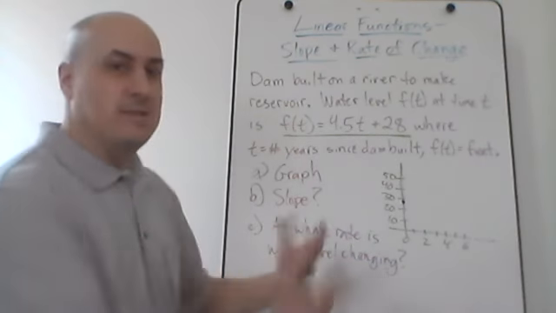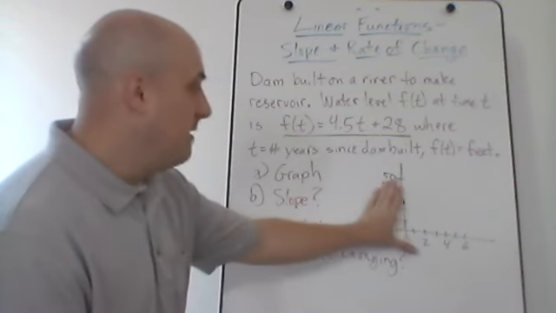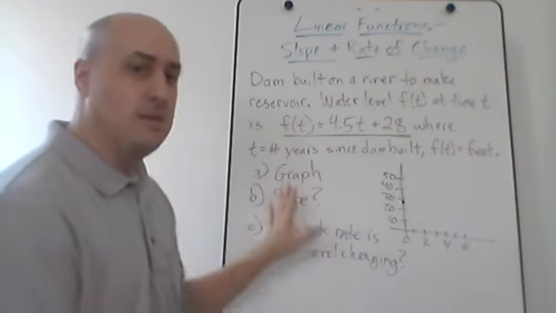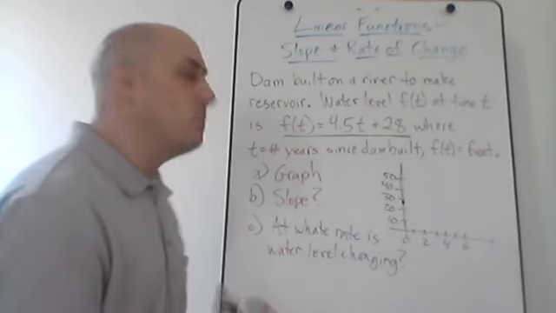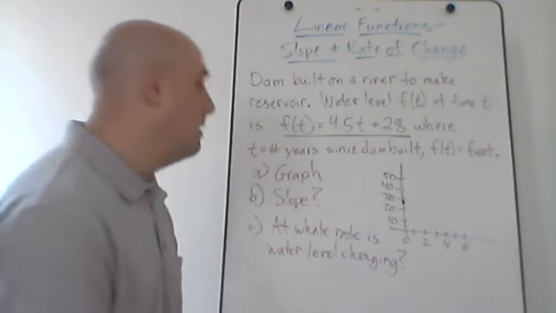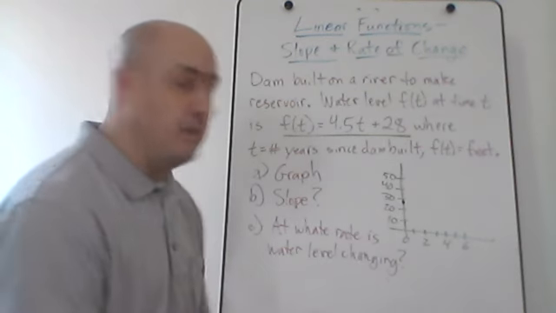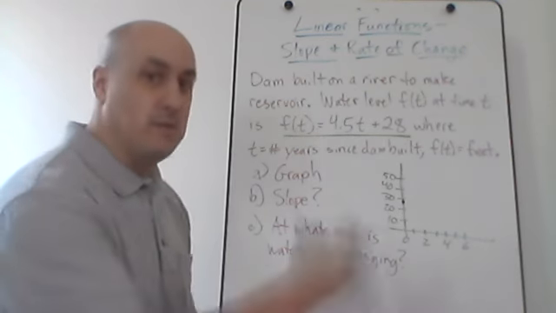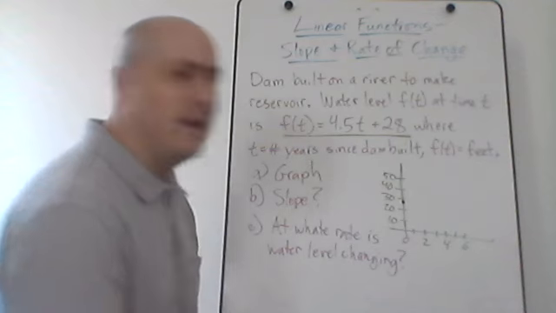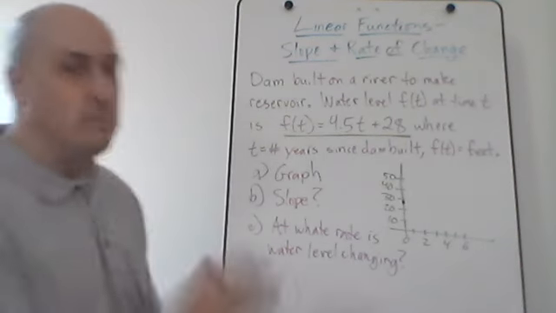The reservoir did not exist before we built the dam, so it doesn't make any sense to look at the graph for negative t values or to think about those at all. For a lot of word problems, one of the things to think about is what values actually make sense. In this case, only t equals 0 and positive t values make sense. That's not always the case for word problems. Sometimes negative values are okay, but not for this one.